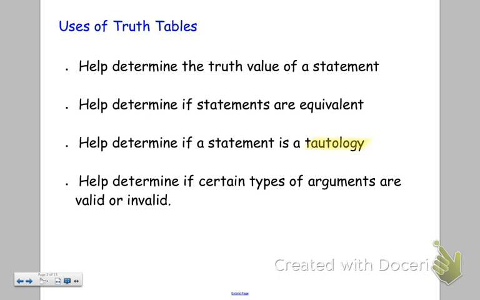If a statement is a tautology, it means that the outcome is always true. So it's just a fun little tidbit to know, fun word to say. Truth tables can also help us determine if certain types of arguments are either valid or invalid.